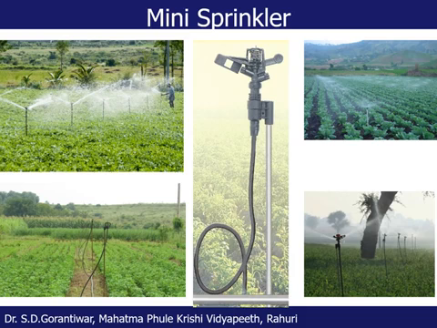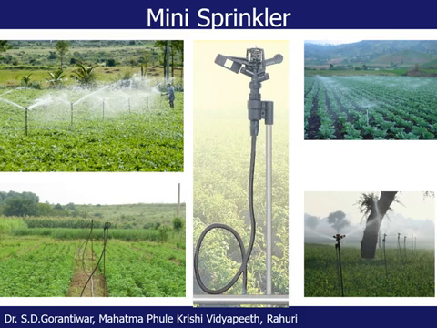Okay, and in order to avoid these difficulties, another version of the sprinkler irrigation system is there, which we call the mini sprinkler. In the mini sprinkler irrigation method, it is possible that we procure the components, that is the nozzles, for the entire field, because if we do this for the conventional sprinkler, it becomes expensive.